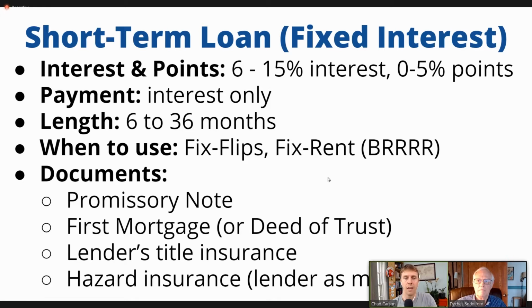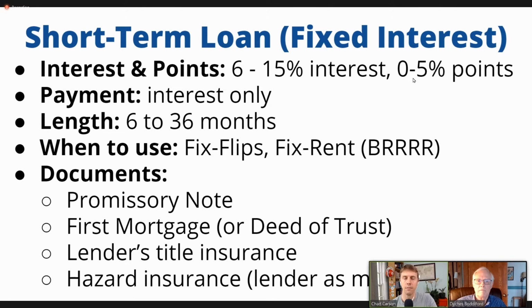And so maybe a 6-month loan, up to 36 months would be a pretty long short-term loan, but in some bigger projects, maybe that's the case. And often there's a range of what interest rates a private lender is willing to loan to you on these short-term loans. I've seen anywhere from 6 to 15% interest in these types of loans, and anywhere from 0 to 5 points or maybe more for an upfront cost of that loan.